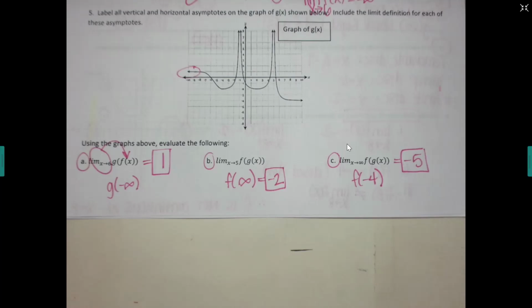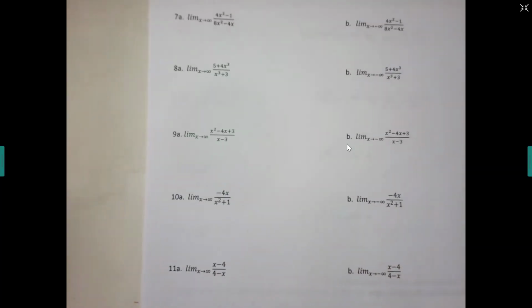Okay, the next section, the limits to infinity, was kind of the worst on the quiz. So we're just going to run through a couple of these, and then I want you to try them. Raise your hand if you need help. Remember, the 3 weirdos that could make these answers come out different are exponentials, absolute values, and square roots.